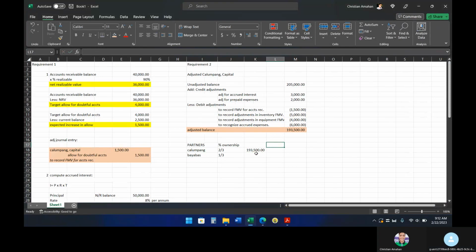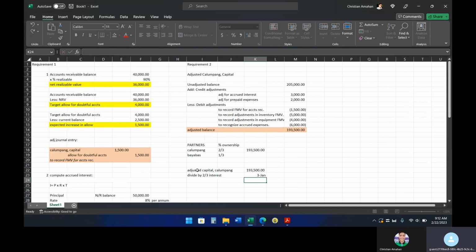Now, how do we compute that? The adjusted capital balance of Kalumpang at 193,500, we will divide by the 2/3 interest.